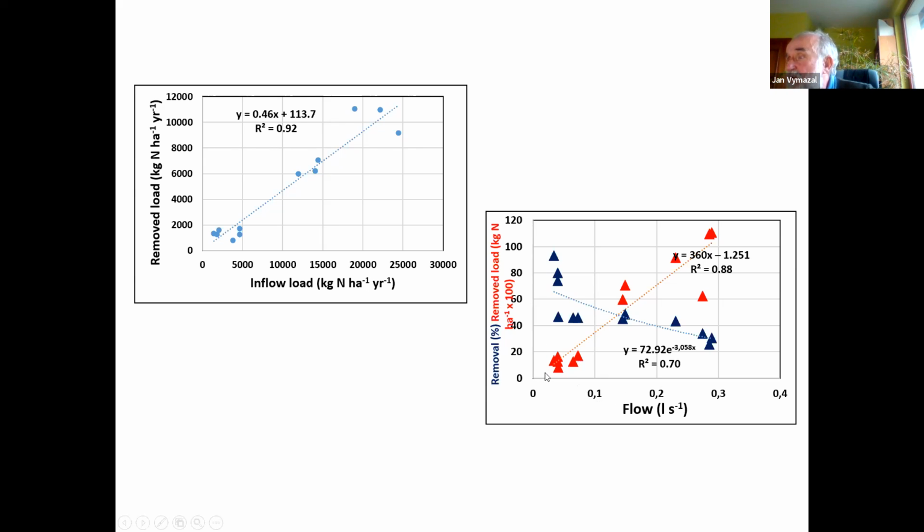And you can see that it goes straight up. So the higher the flow, the lower the percentage of removal and the higher the removed load. This is quite important. And this is very different compared to sewage, as I said, because in the treatment of sewage, when we have dilution by rain, the concentrations go very much down.